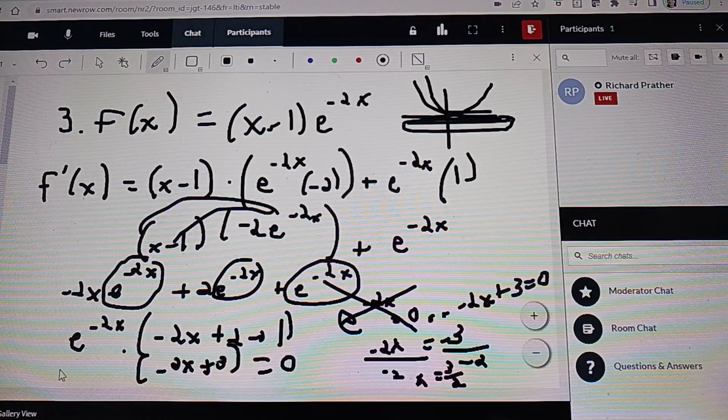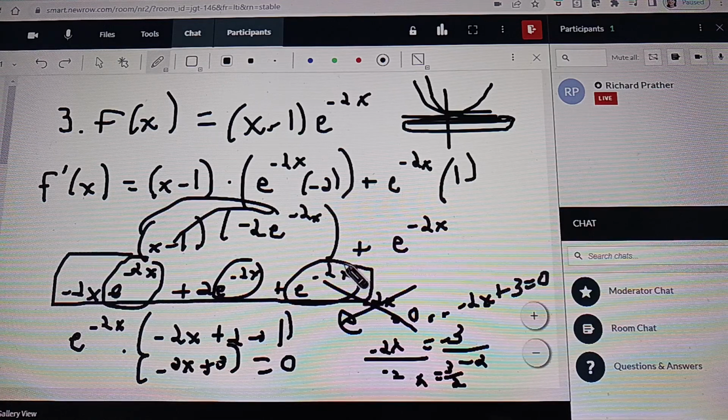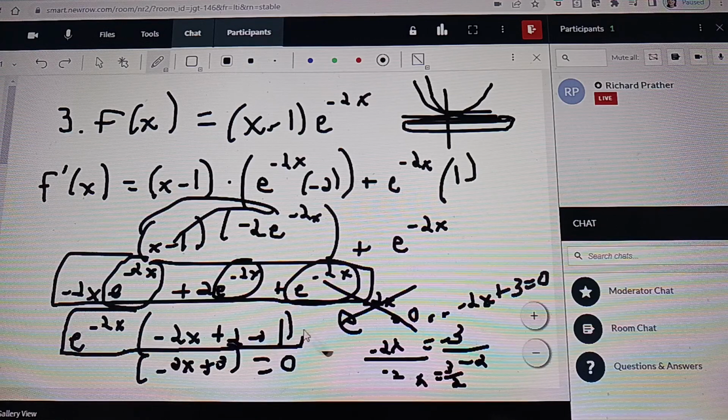And we need to plug it into the derivative function. You could do either this form or this one too, because I didn't reduce anything, I just factored it, which puts it in a different form. So it doesn't really matter which one you do. But if I plug 0 in right here, this will be e to the 0.